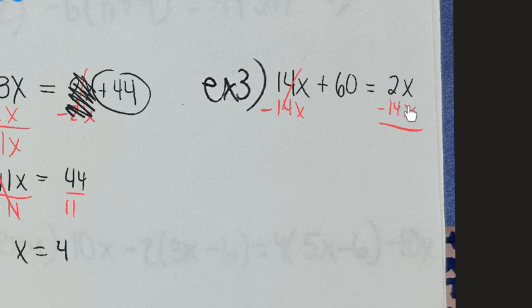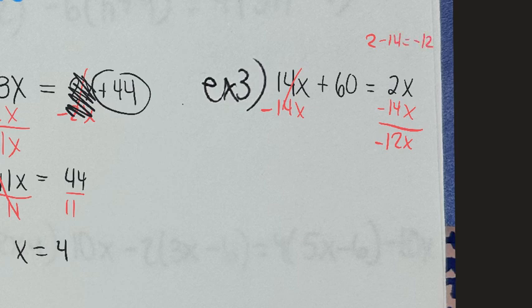Okay, now type in, when you combine like terms, 2x minus 14x, what will that equal? 2x minus 14x will equal negative 12x. 2 minus 14 is negative 12.